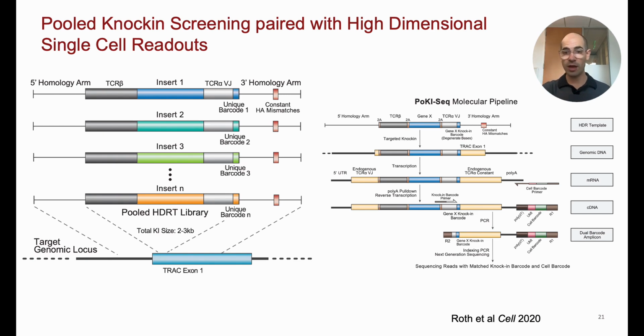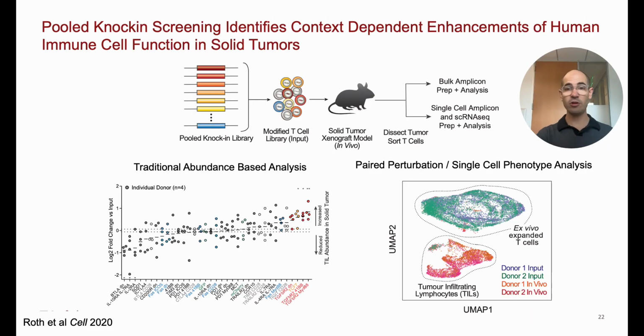And so just to show an example of how you can use this, this is an in vivo gene integration pooled knock-in screen with single cell readouts. This is in a melanoma solid tumor xenograft model, and in this case we put in a small library of about 36 different genetic sequences that would potentially improve the function of a CAR T cell, or in this case a synthetic NY-ESO TCR T cell against a NY-ESO-1 positive target melanoma cell line.